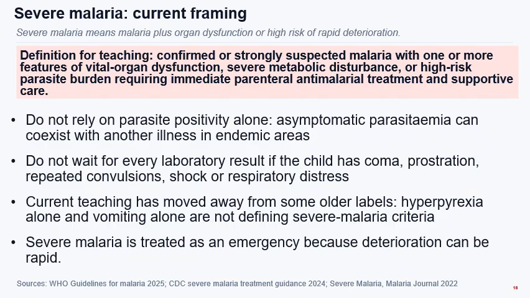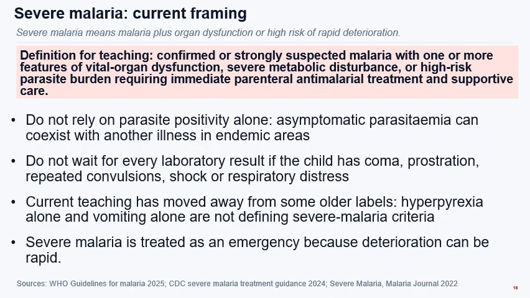So the current framing for severe malaria is what I want to discuss in this session. Severe malaria means malaria that is accompanied by vital organ dysfunction, severe metabolic disturbance, and another high risk feature requiring urgent parenteral treatment and supportive care. A positive parasite test alone does not define severe malaria.